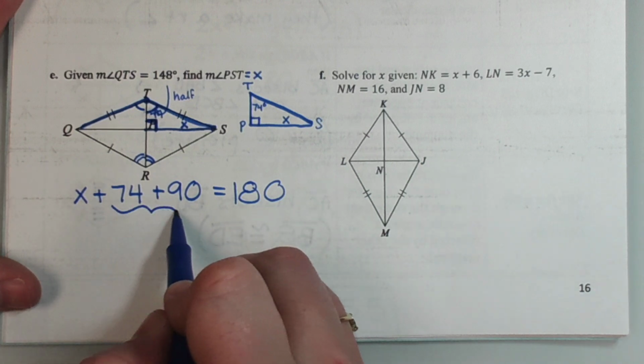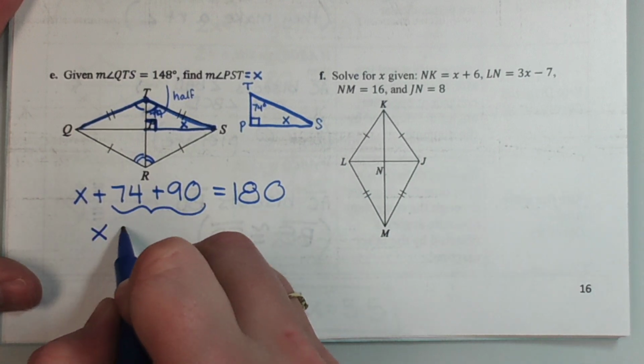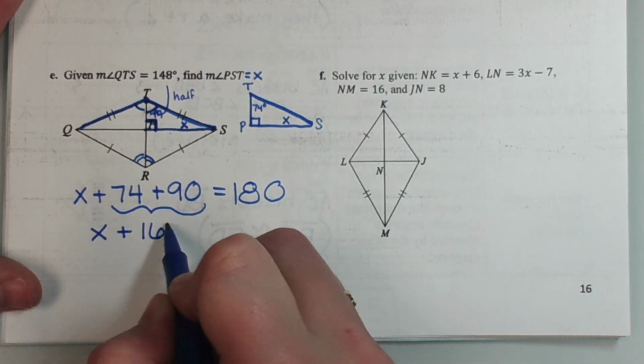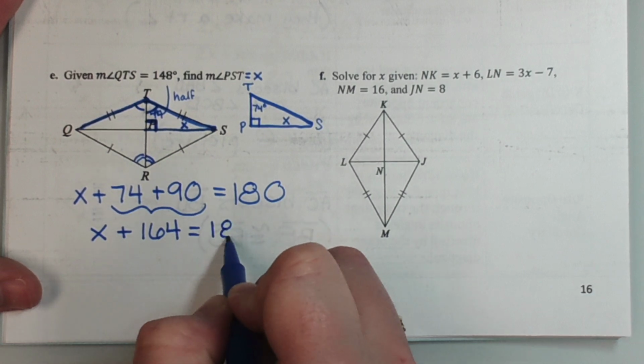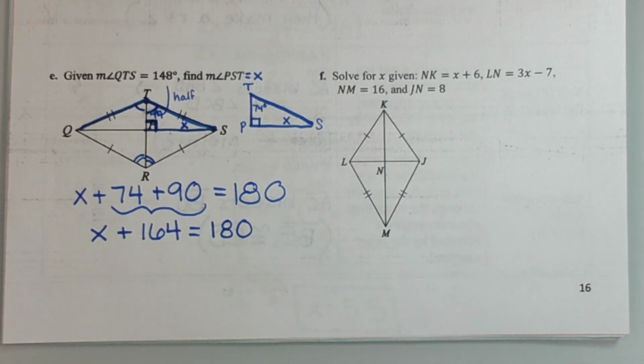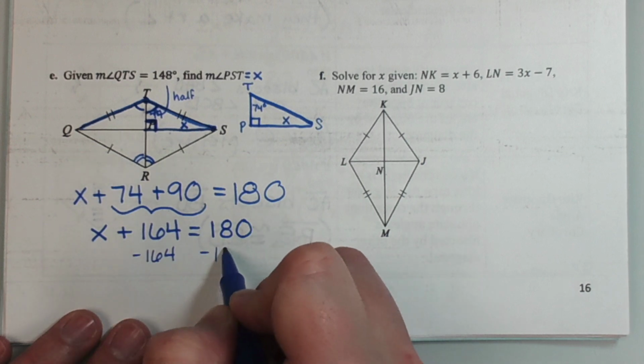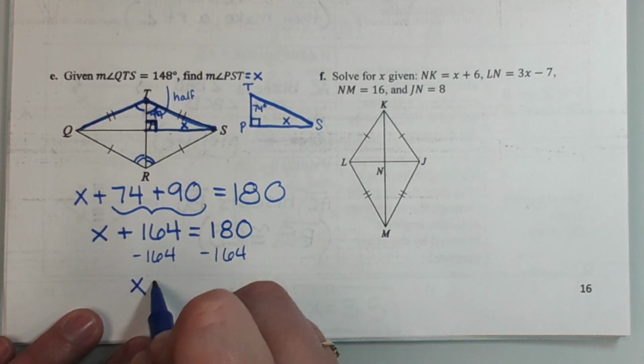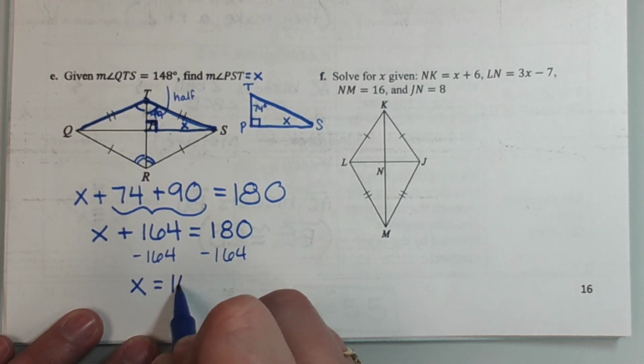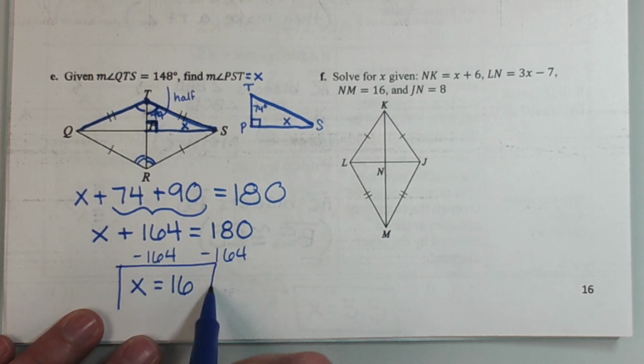So, much like with rhombi, you can use triangles to help us out here as well. And I get x equal to 16.